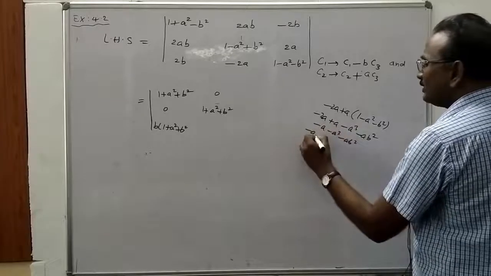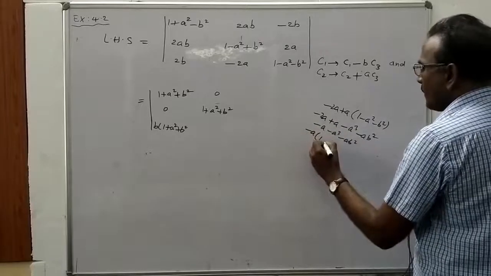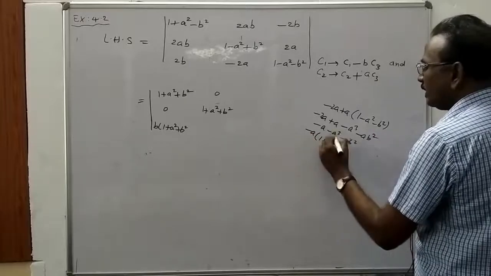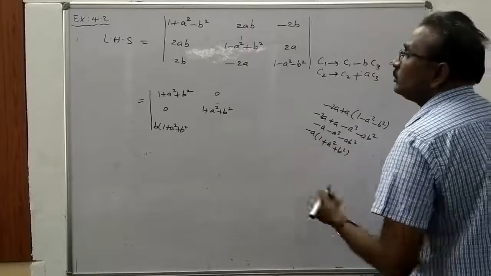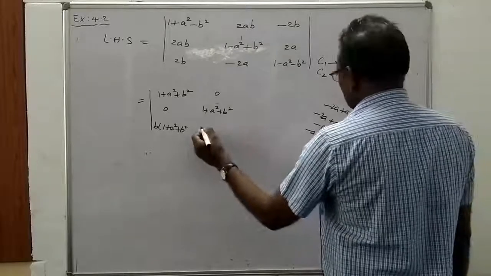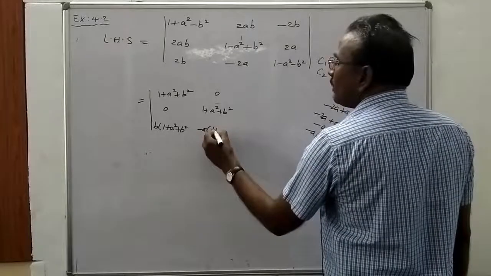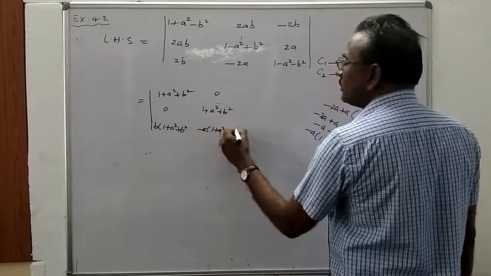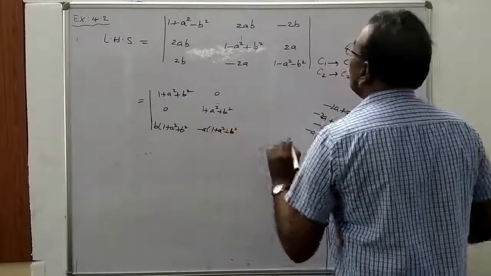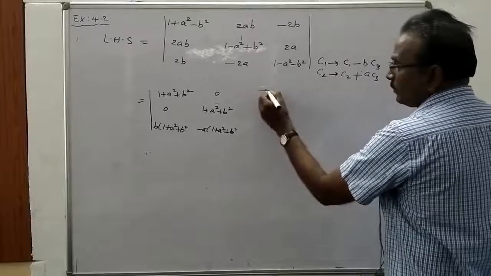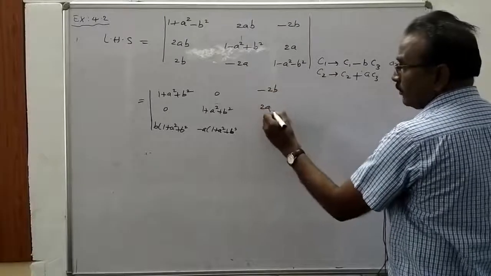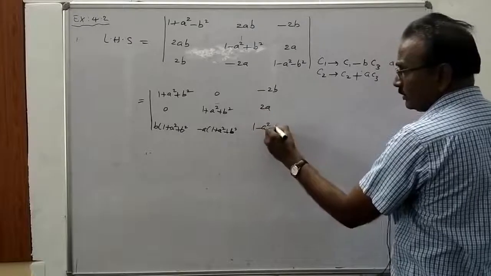If you take minus a common, 1 plus a square, 1 plus a square plus b square. So therefore this element is minus a into 1 plus a square plus b square. And third column element, there is no condition, so as it is minus 2b, 2a, 1 minus a square minus b square.